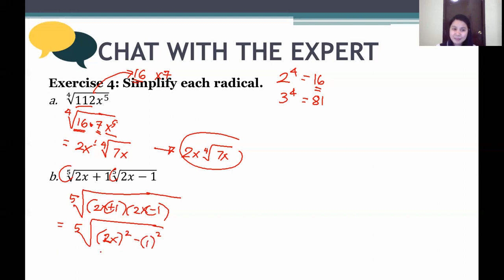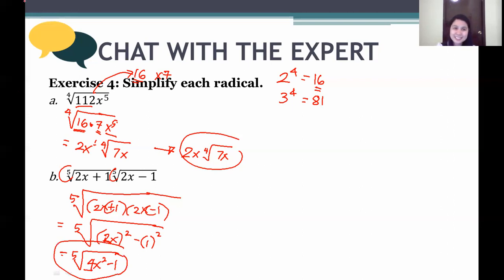So we have the fifth root of 4x squared minus 1. 4 has no fifth root. 2 cannot be divided by the fifth root, and also negative 1. So this is now the final answer. Any questions? I think you need to review more of this.